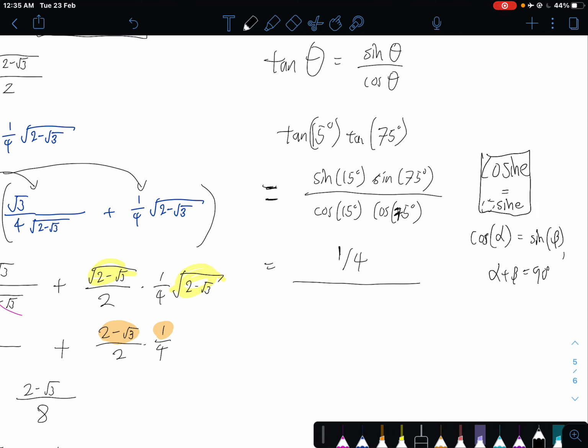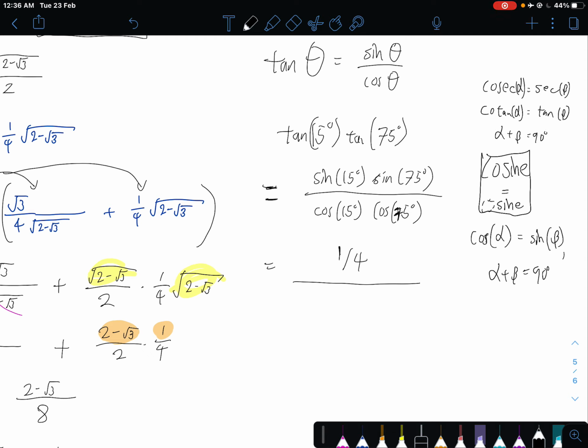There are similar identities for cosecant and secant, cotangent and tangent. It's really the same rule. If the angle here is alpha and the angle here is beta, it all follows the same rule. Cosecant equals secant, cotangent equals tangent, as long as alpha plus beta adds up to 90 degrees.